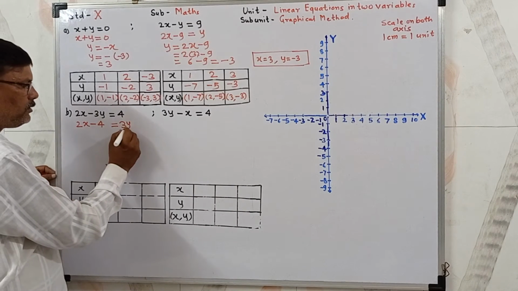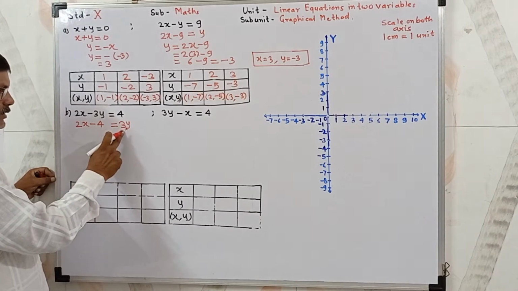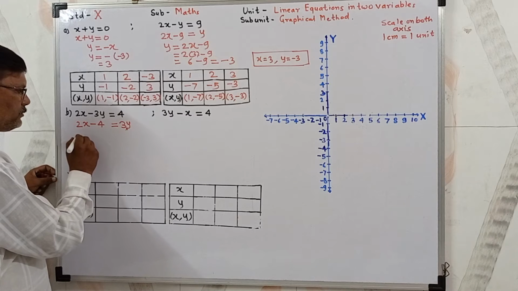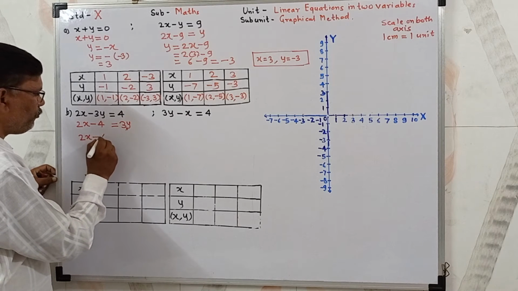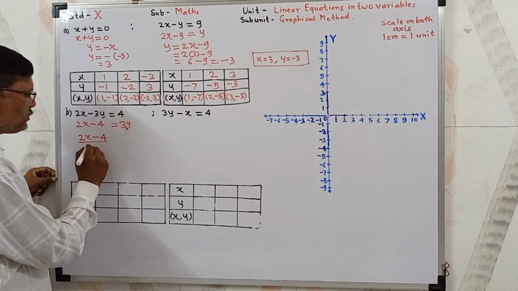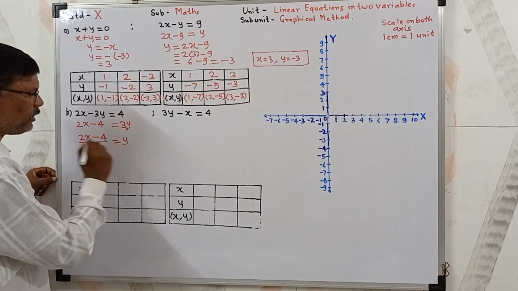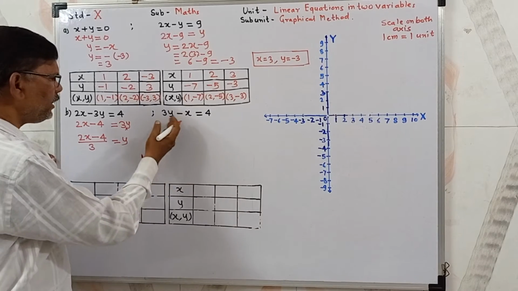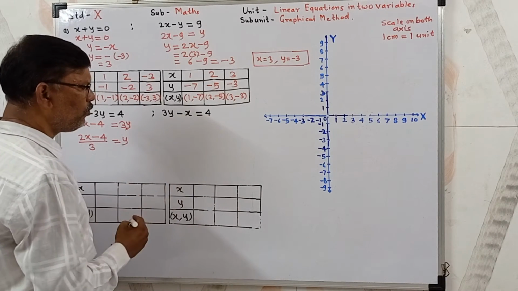3 is multiplied to y. So when it comes to this side it becomes divided. So the value of y is equal to 2x minus 4 upon 3. This is the value of y. Understood? Then the next one, 3y minus x equal to 4.